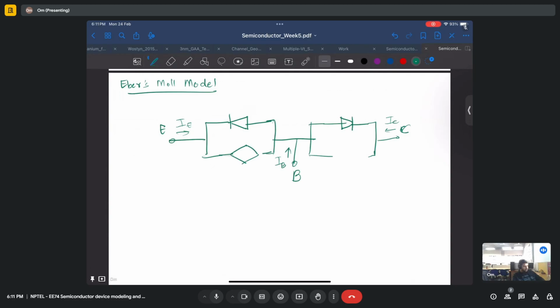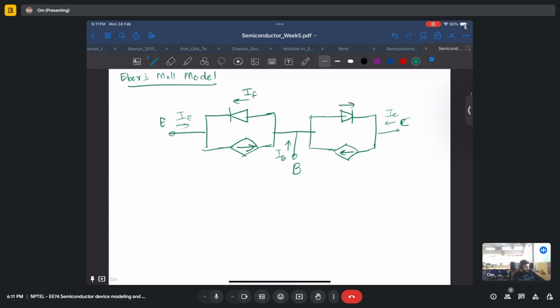Here are dependent current sources. This is I forward, this is I reverse, and this is alpha F IF, this is alpha R IR, dependent current sources.